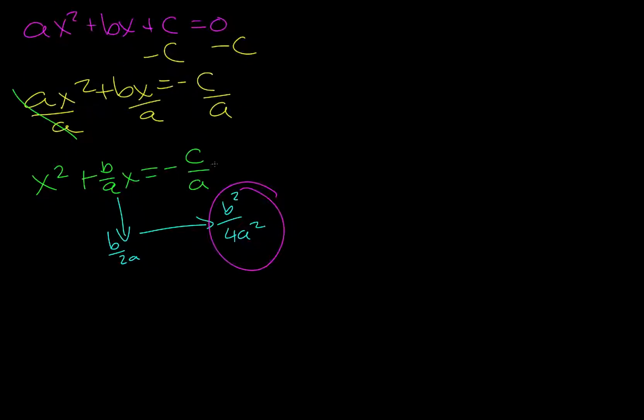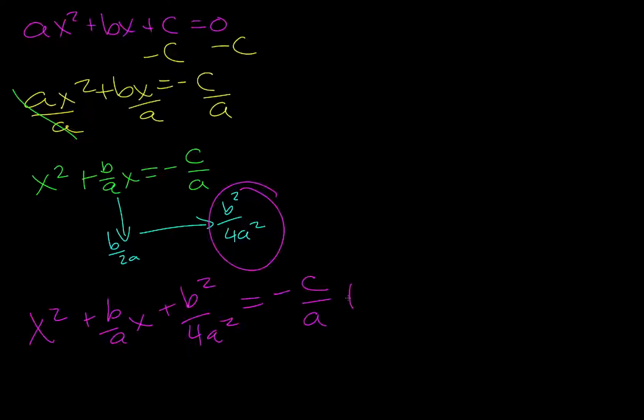So we get x squared plus b over a x plus b squared over 4a squared equals negative c over a plus b squared over 4a squared. Alright, this is getting a little crazy.